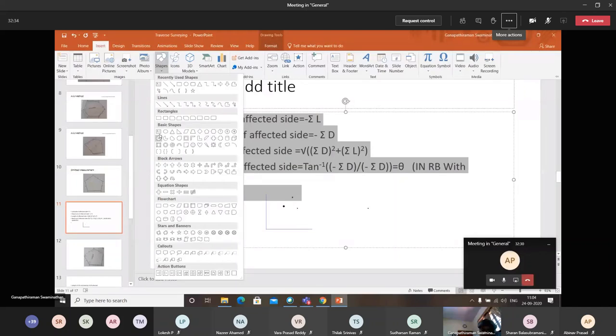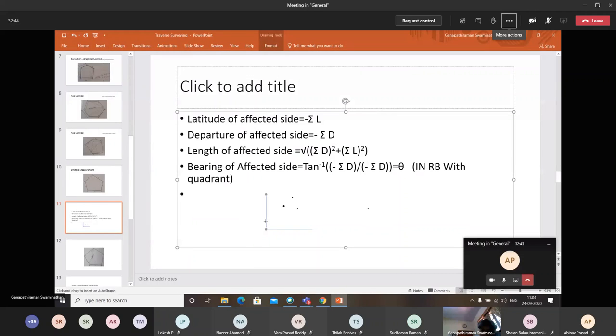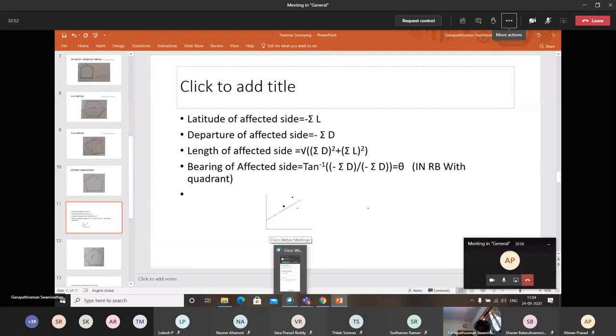So I have to draw a curve. This is the curve. I have 3 points, and I have put a curve.